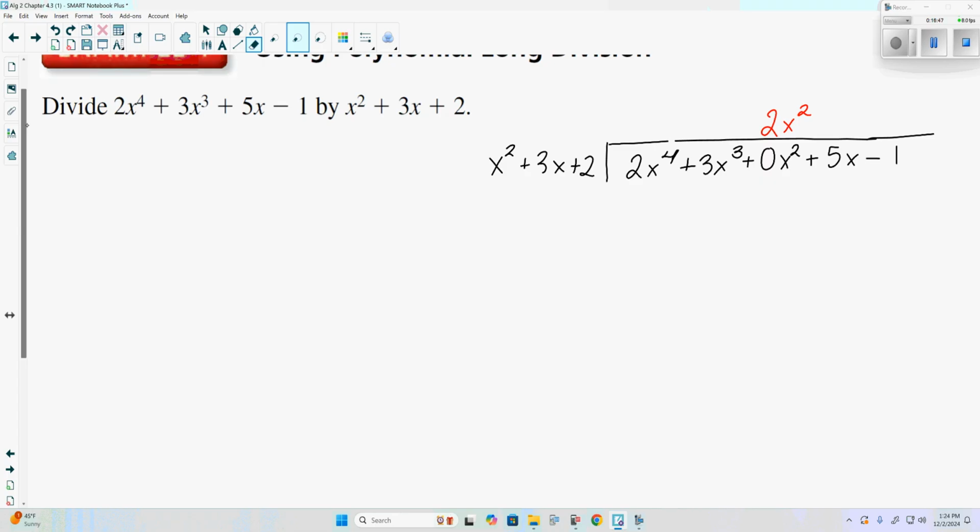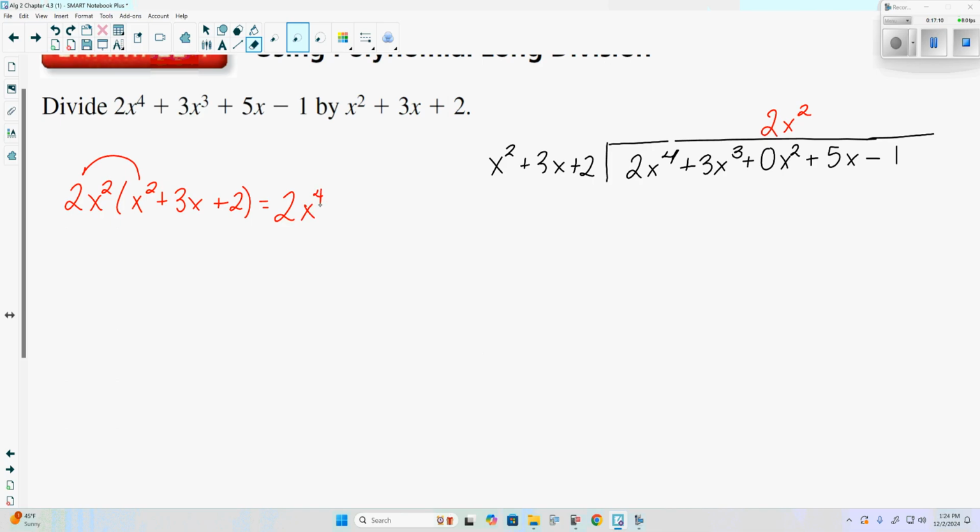So now we've got to multiply our 2x squared by our x squared plus 3x plus 2. We're going to distribute it through. Now 2x squared times our x squared. Well, we would have 2, because 2 times 1. X squared times x squared.